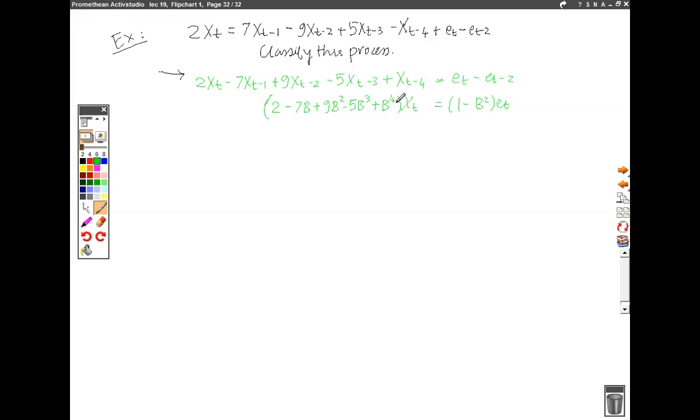So now what I have on both of these sides is the characteristic polynomial for my MA model and for my AR model. But now remember one thing, what I have to do is figure out the roots of this characteristic equation, but it is raised to 4.